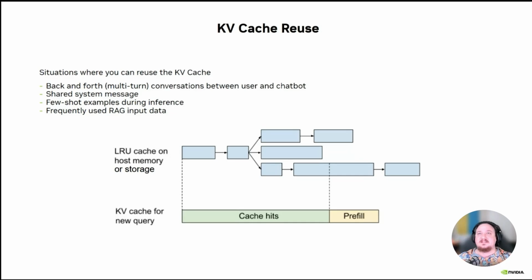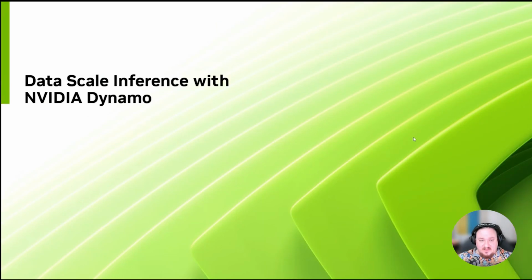Things like our system prompt, right? If we have the same system prompt across our application, why would we ever not have that in KV cache? We know we're going to need it, so we should keep it around. This is the idea of KV cache reuse. So it's not just one time. We should be able to do this many times, and so we should save it, or we should keep it around.